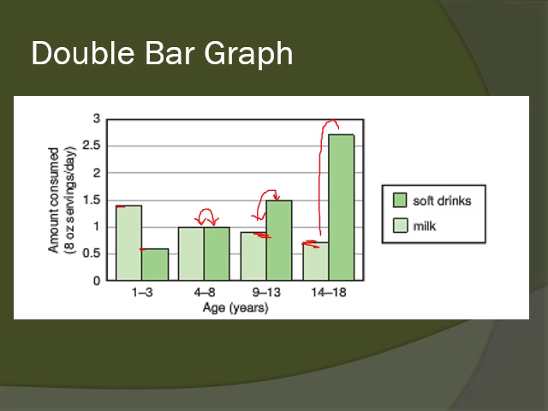So it doesn't help me as much as a stacked bar graph to see that they were increasing the overall consumption of beverages as they aged, but it definitely helped me see, oh, milk is higher, now they're equal. And then soft drinks is higher, and now soft drinks are a lot higher when we get to the teenage years.